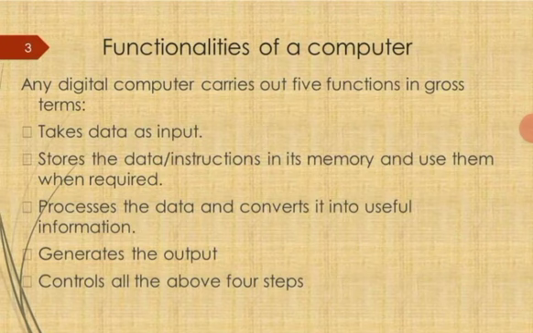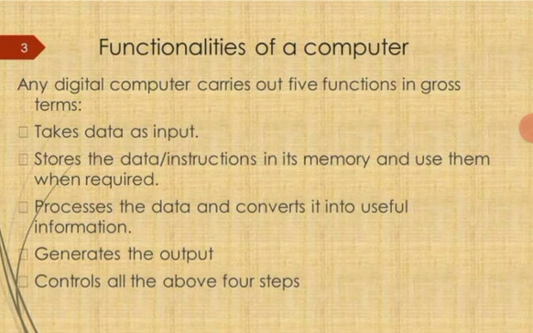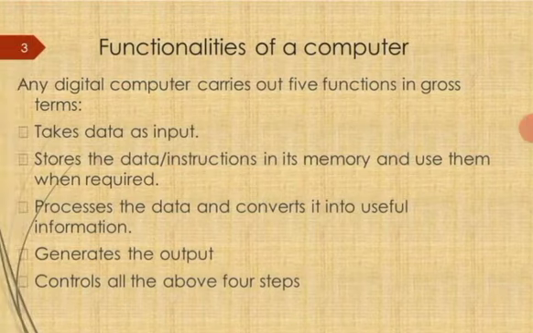So a computer controls all the above steps that we just mentioned, starting from taking data as an input, storing the data and instructions in its memory and using them when required, processing the data, converting it into useful information, and then generating the output.